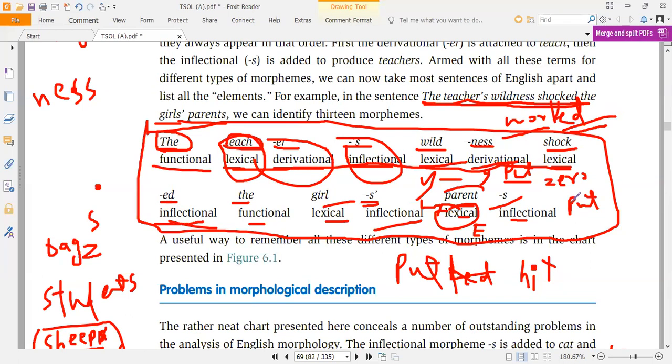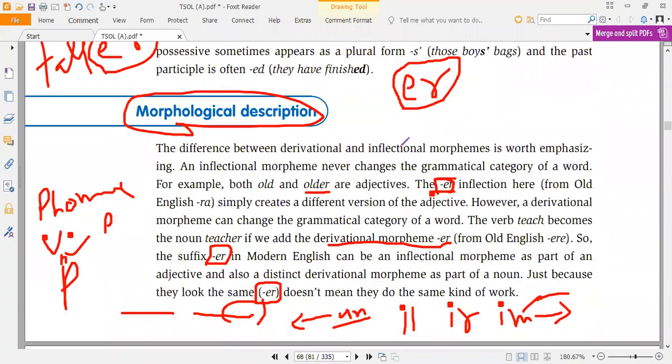But if there is a word put, you will write lexical here, and here you will leave an empty space and beneath this empty space you will write inflectional. Because that is zero morph, we do not have any indication like ed. Got it?